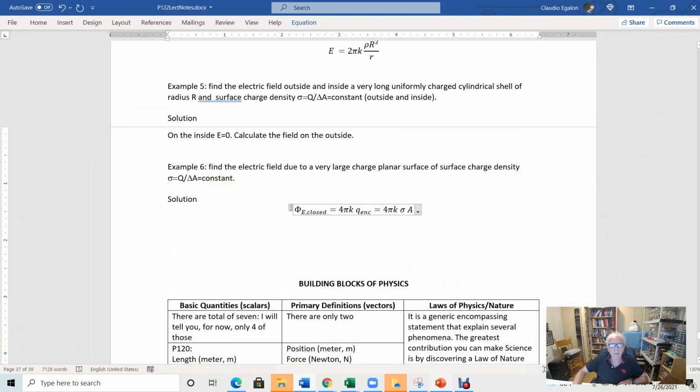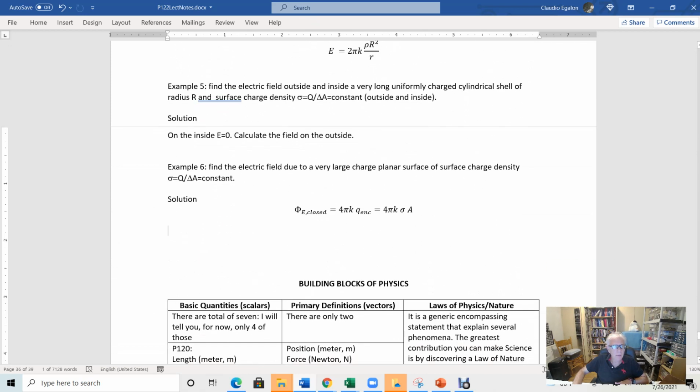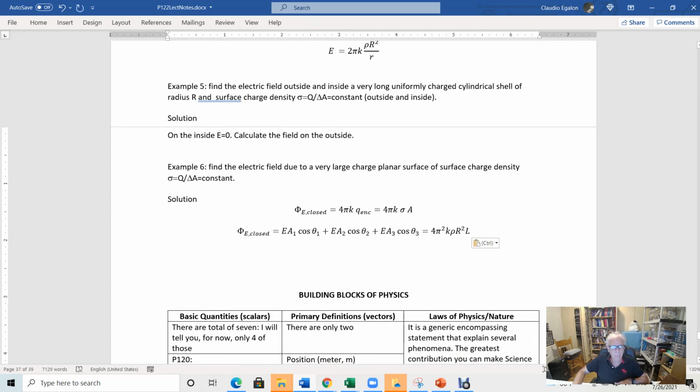Okay, that's what the right side of this equation is all about. Now we have to find out the flux, right? Here you go. It's going to be kind of similar to that. It's going to be area, electric field area 1, electric field area 2, electric field area 3. And the right side of this equation is going to be something like that. We know that, but we still do not know that.